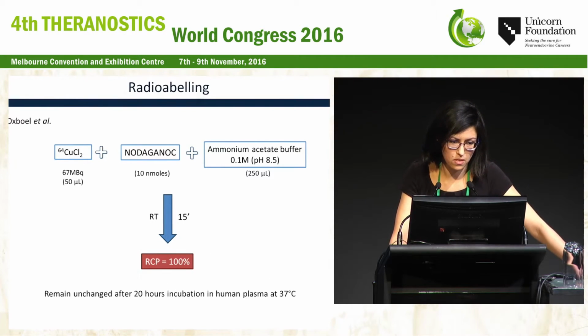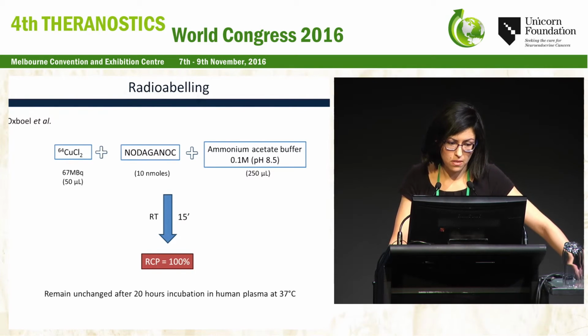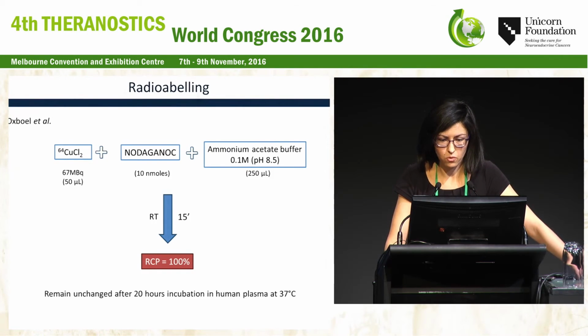For copper-64 labeling, the labeling was performed according to the method of Oxford and collaborators. 10 nanomole of the peptide were mixed with 50 microliters of copper chloride containing about 60 megabecquerel of activity, and 250 microliters of 0.1 molar ammonium acetate buffer.